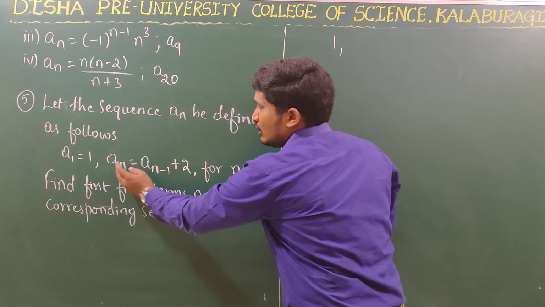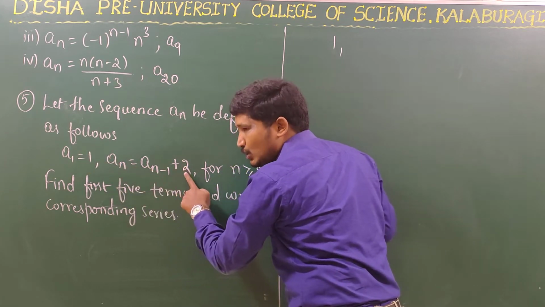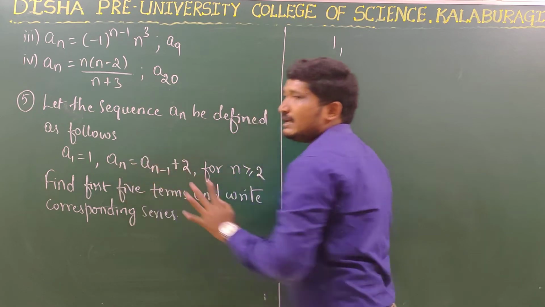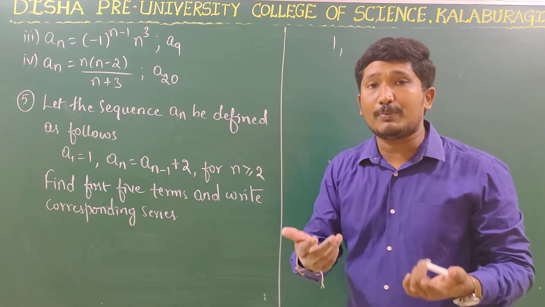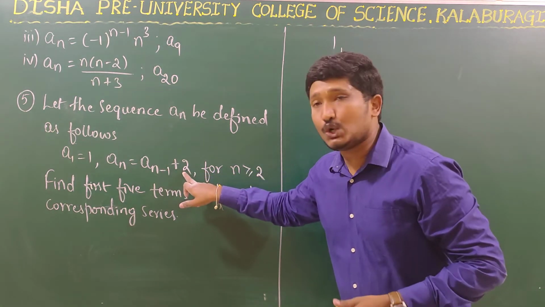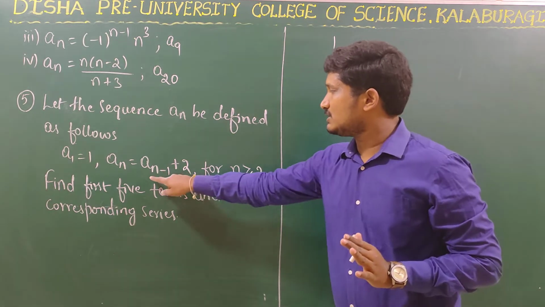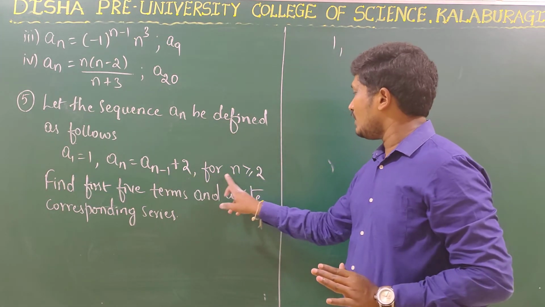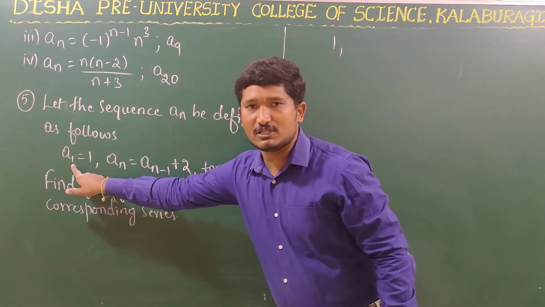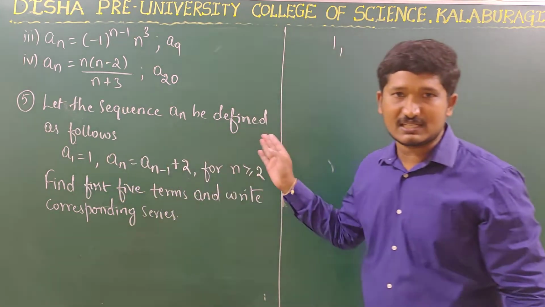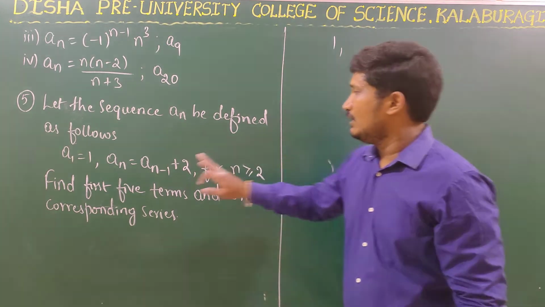So to the preceding term, if I add 2, then I will get an. So the terms of the sequence are obtained by adding 2 to the preceding terms. This is the sequence given for n greater than or equal to 2, because already the first term is given, so you need the next terms. It starts from 2, 3 and so on.